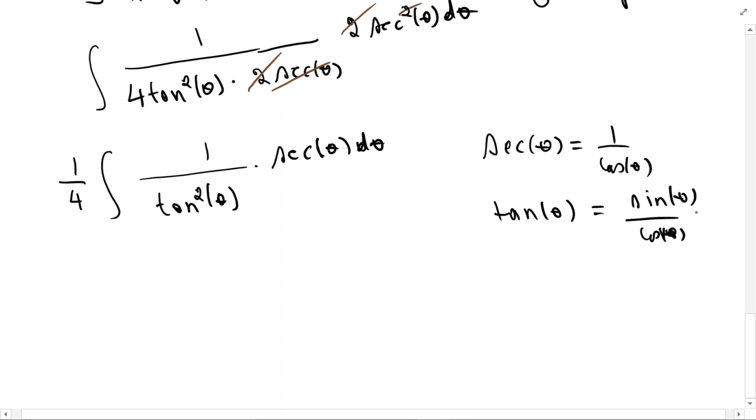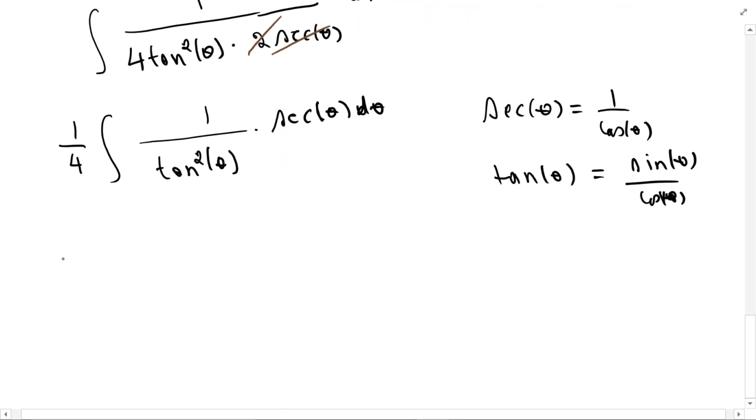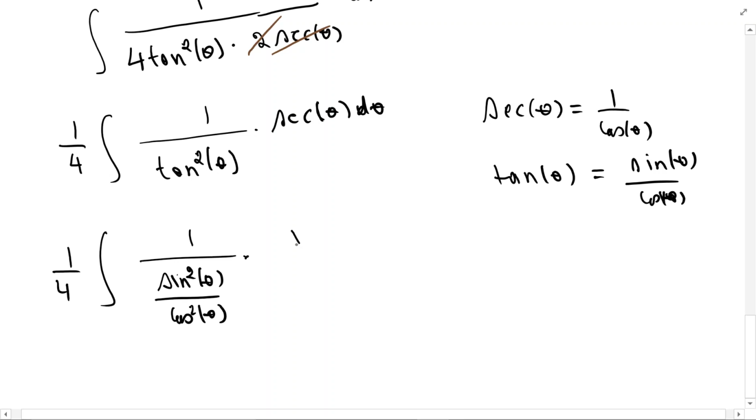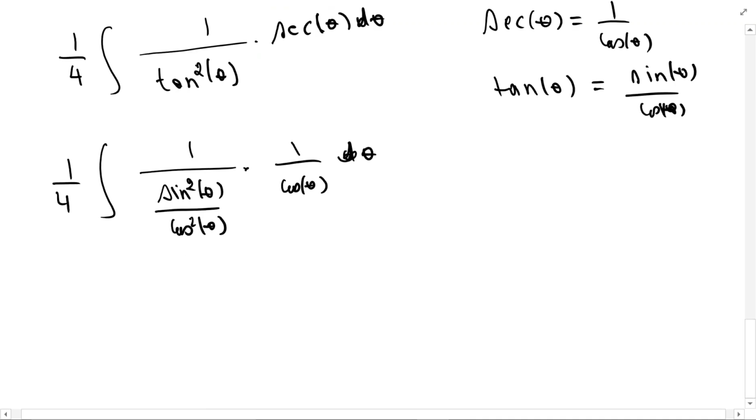Okay, so let's do that. So we get 1 over 4 times 1 over tangent square, which is sine square theta over cosine square theta, and then secant is 1 over cosine theta, and then d theta. So we then divide. Division basically means you flip.